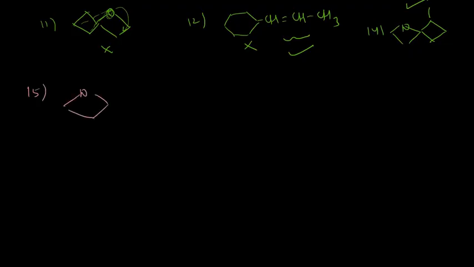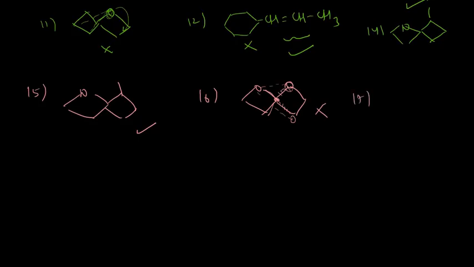Nitrogen. It will show GI. 16th. It won't show GI because this is sp3 hybridized. This will be in the plane and this will be above and below the plane. So this oxygen is in the same position. When it is there, it will be of the same relative distance. So it won't show GI. 17th. It will show GI. Yes. 18th.